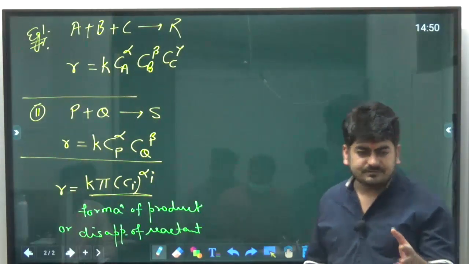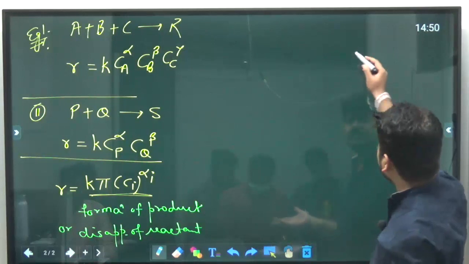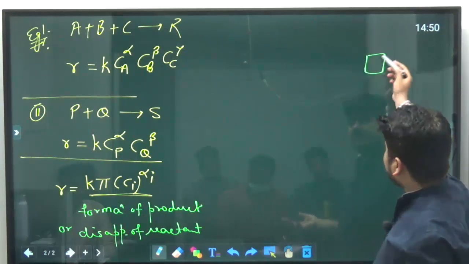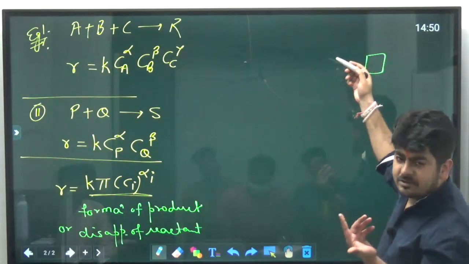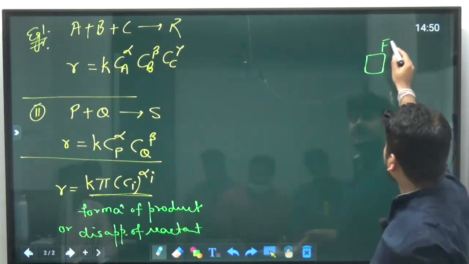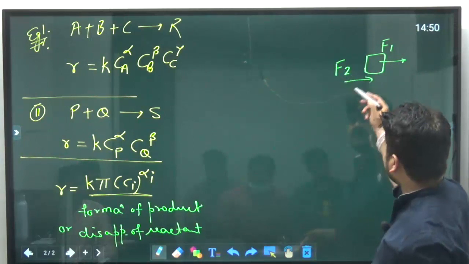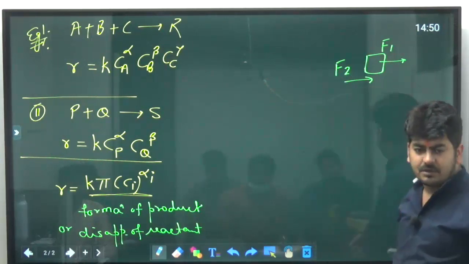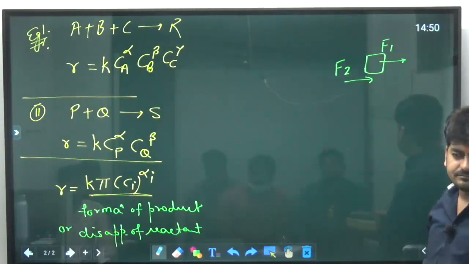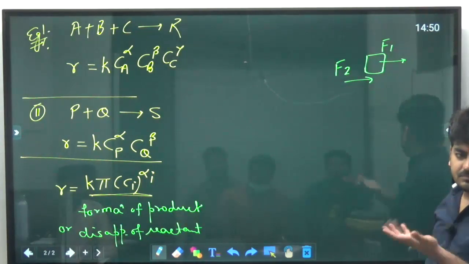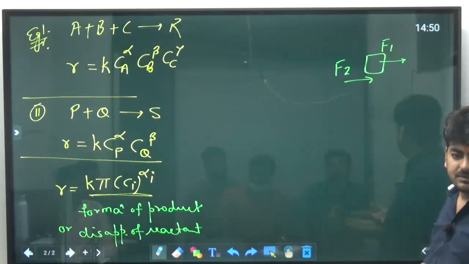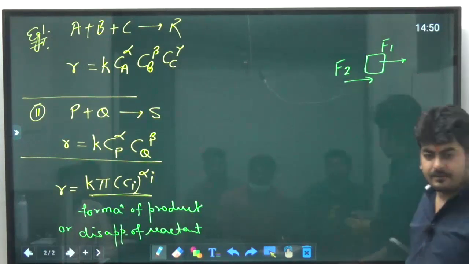Now in physics, I hope you must have done that. Suppose this is some object and two forces are acting on this object. Force 1, F1, in this direction and force 2, F2, in the same direction. So what will be the net force? F1 plus F2, simple.